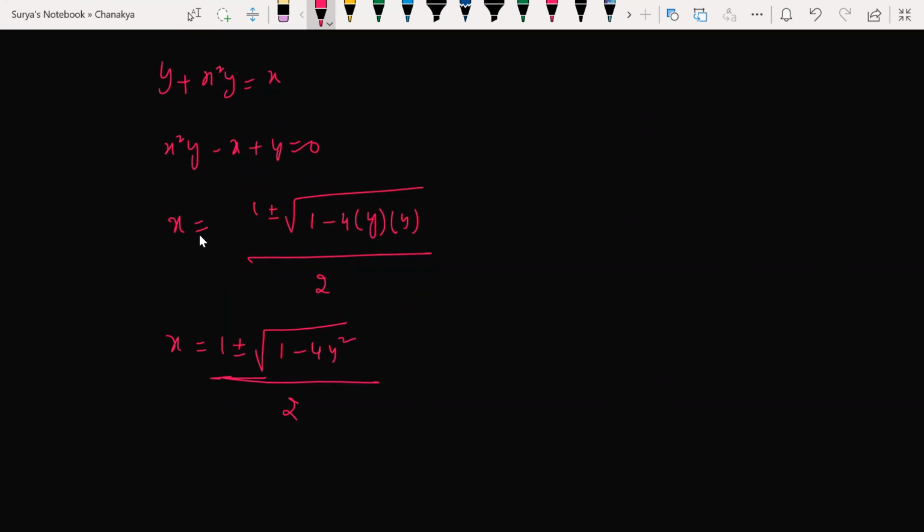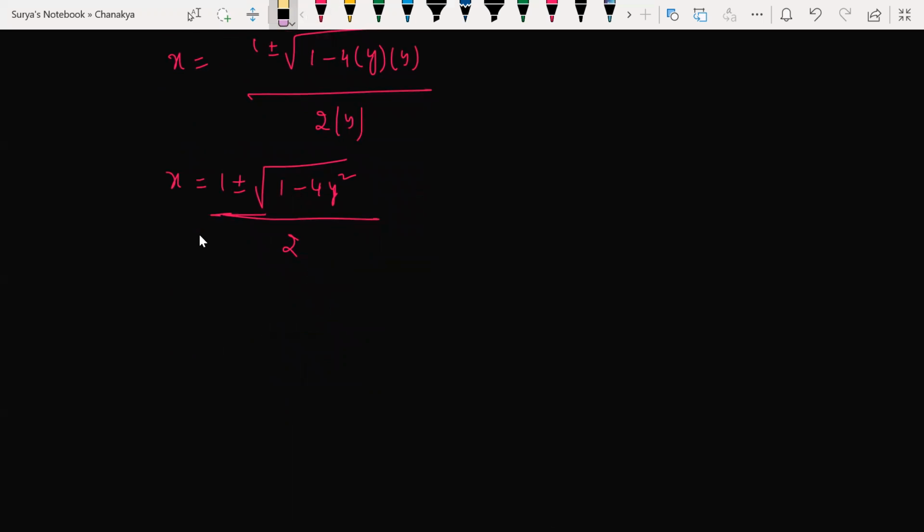Sir, in the denominator, there is 2y, no, sir? Yes, 2a, which is 2y. So what are you going to get now? Tell me. So this has to be greater than or equal to 0.